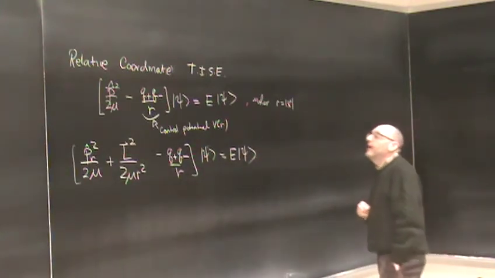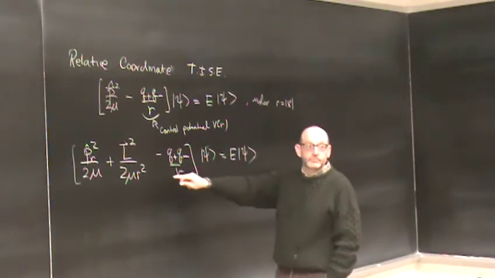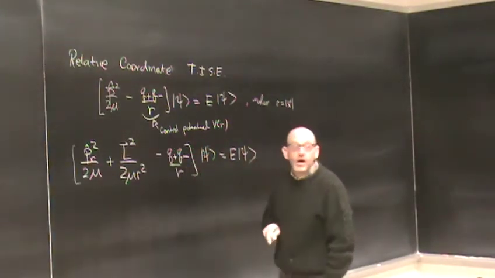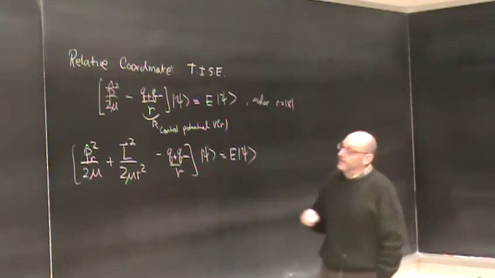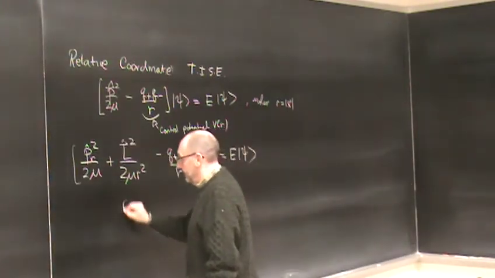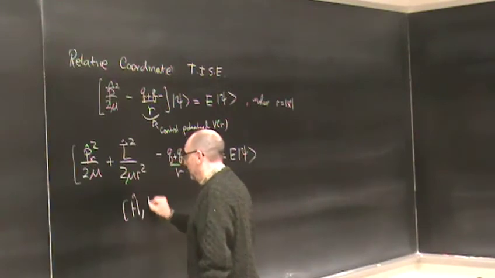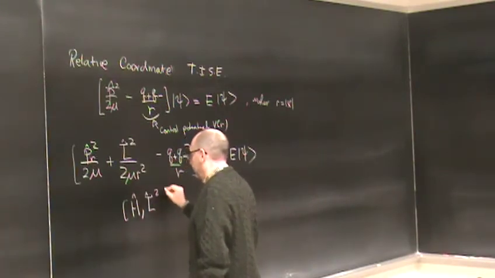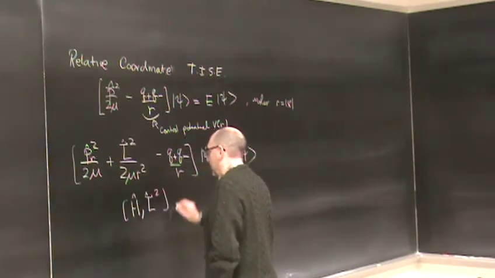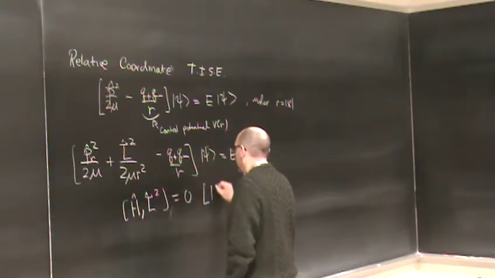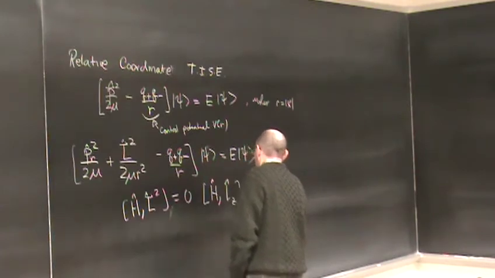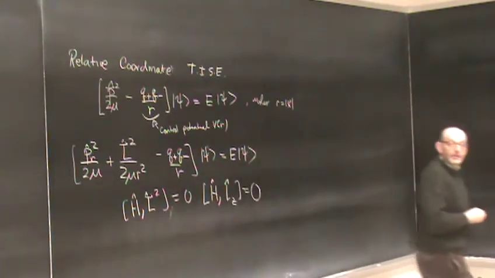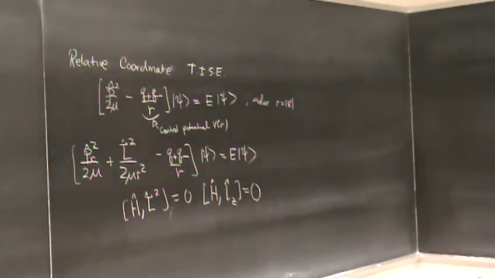Moreover, when we have a central potential, because of this, we know that the Hamiltonian, in this case, commutes with L squared, and the Hamiltonian commutes thus with any one component of orbital angular momentum, right, LZ.